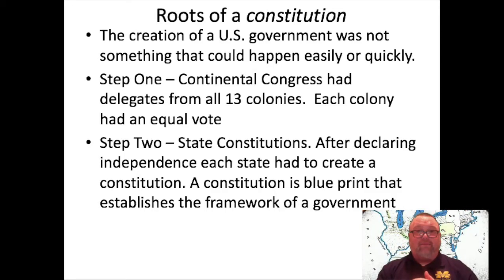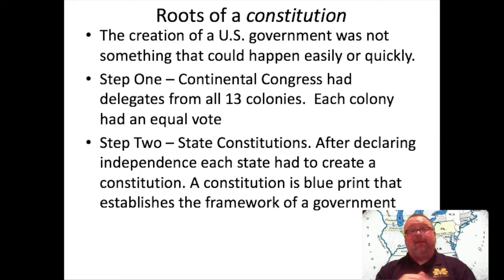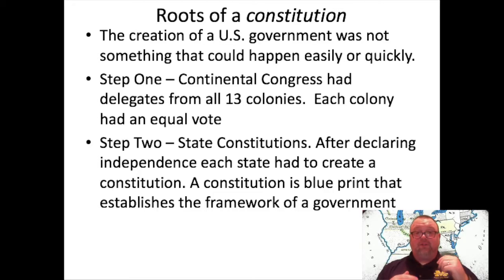It took a lot. First, the Continental Congress, with its 13 delegates from the colonies, gave some equality of votes. We'll see some of that idea eventually in the U.S. Senate in the Constitution. Then the Continental Congress said to the states, you should make a constitution.